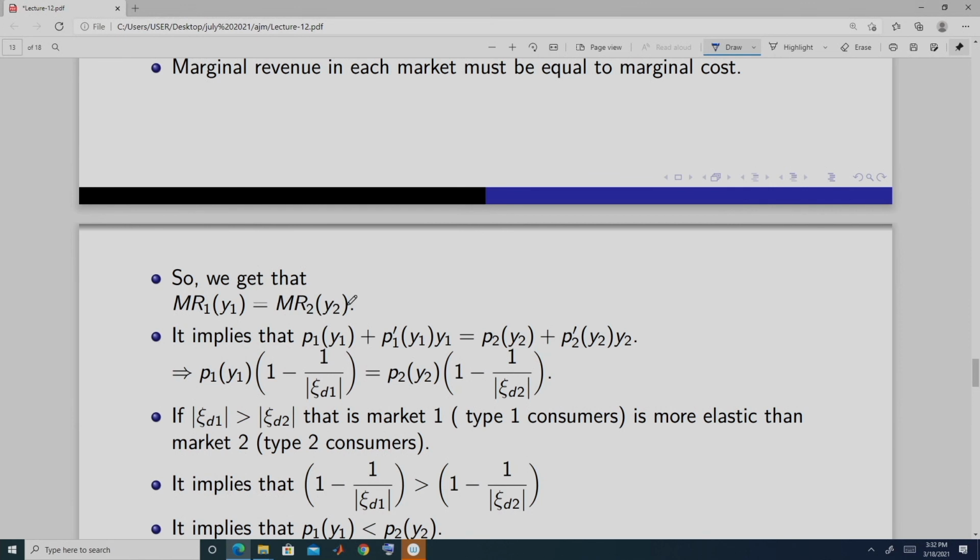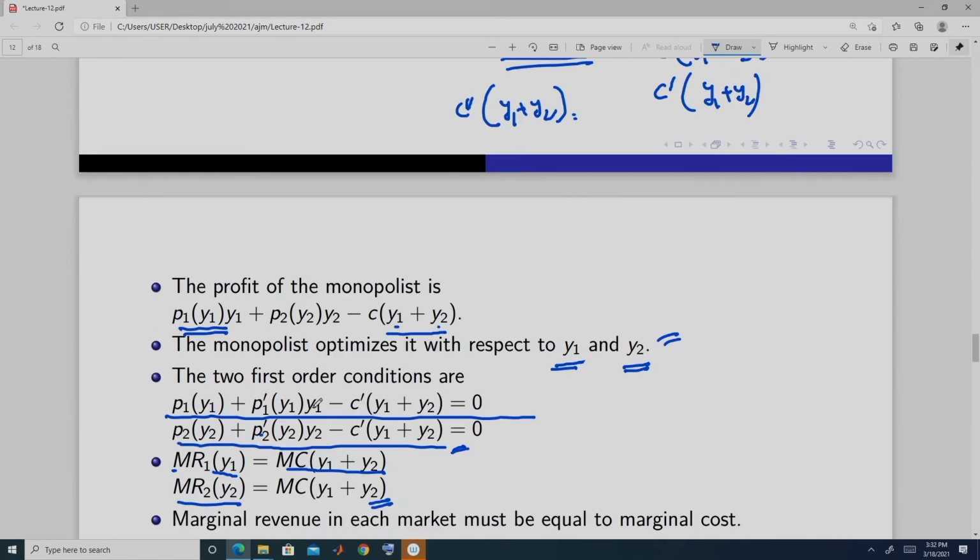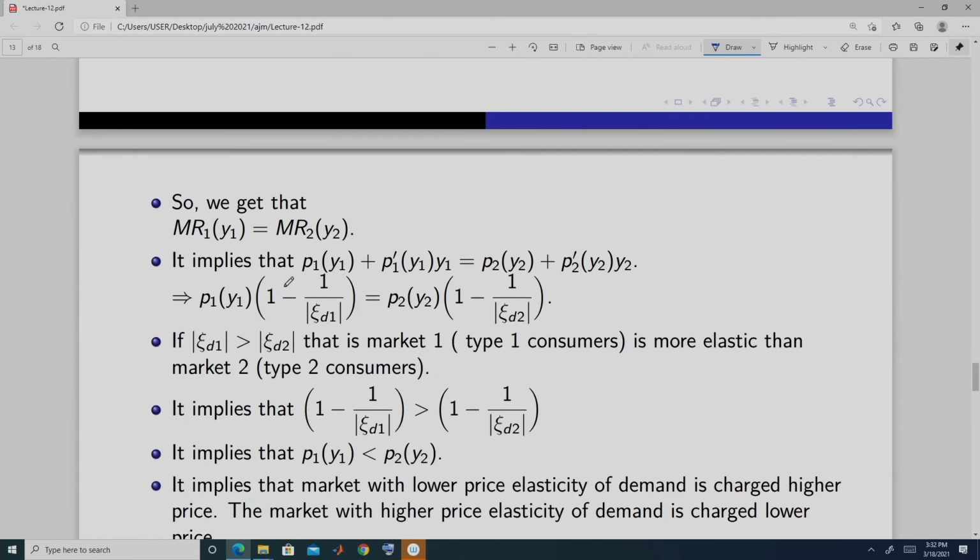If that is the case, then this portion, which is marginal revenue in market 1, should be equal to marginal revenue in market 2. So, we get this should be equal to this.